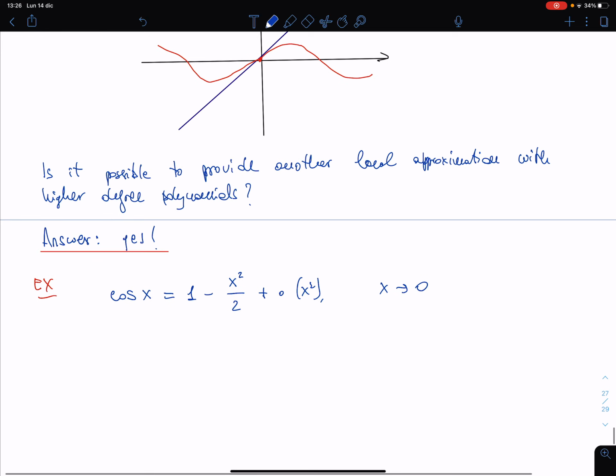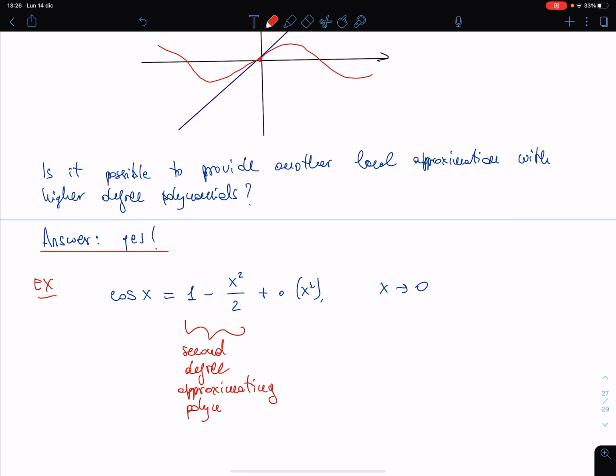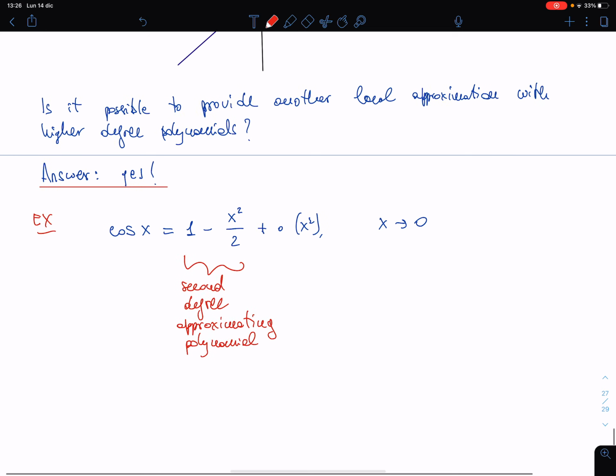And notice that here we have a second degree approximating polynomial. And in this case, we will call it P2 of x.